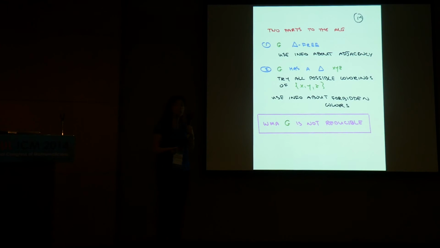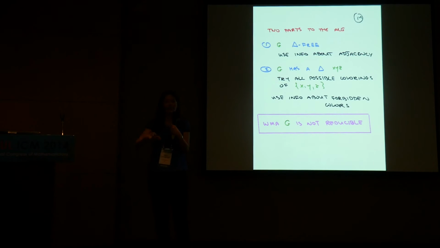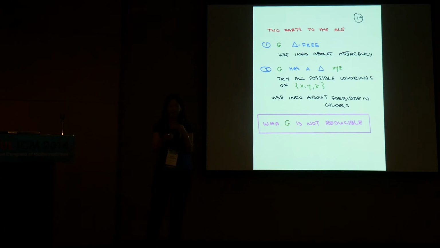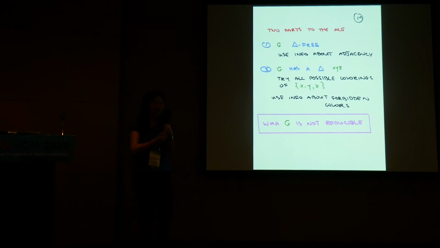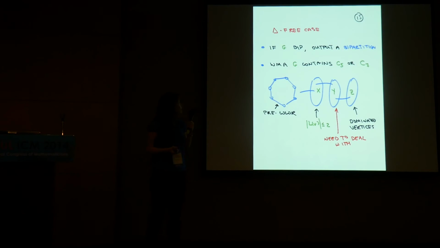But on the other hand, you know more about coloring. If I have a triangle, there's only one way to three-color it. And if I have a vertex with two neighbors in a triangle, well, the color of this vertex is forced. And so a bigger chunk of the coloring is forced. And this is kind of how the algorithm works. In the first half, we rely more on structure. In the second half, we rely more on the fact that some of the coloring is forced. Let me do some more details of that.